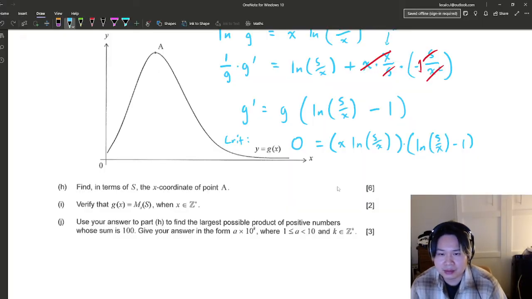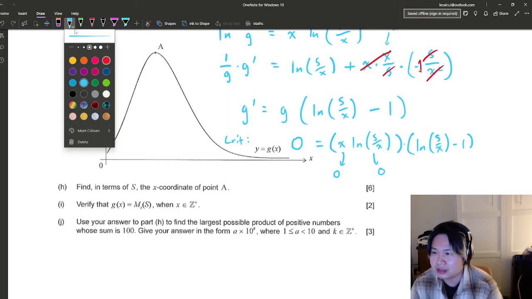Okay, so because it's a multiplication and you know it's 0, then either this is 0 or this is 0, but this is not possible because a natural log. Oh, actually, it could be 0. Yeah, so it is possible.